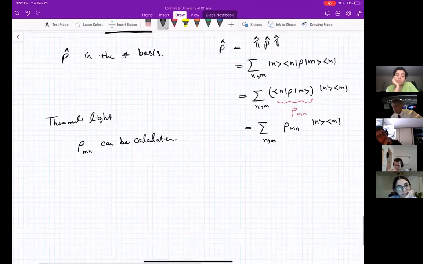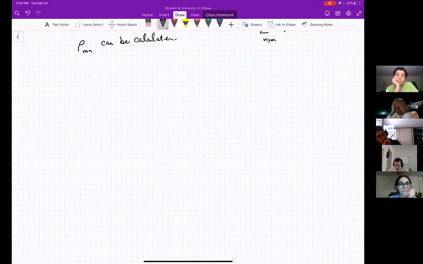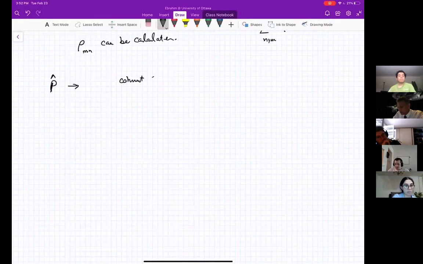Let's go further. What are the other bases in which you can do the expansion? Coherent state. Lovely. Let's do that. So take the density matrix and expand it in terms of coherent states. Do that, please.